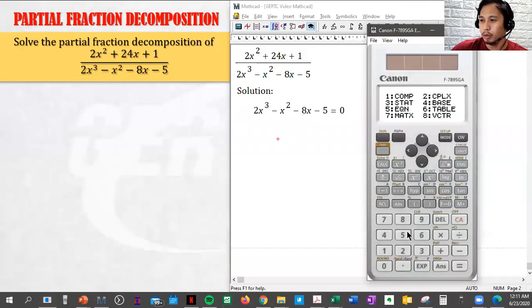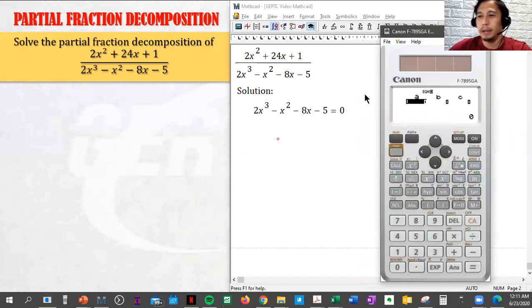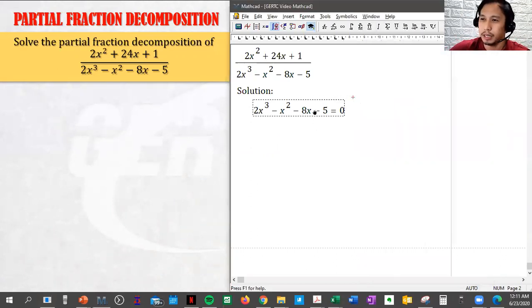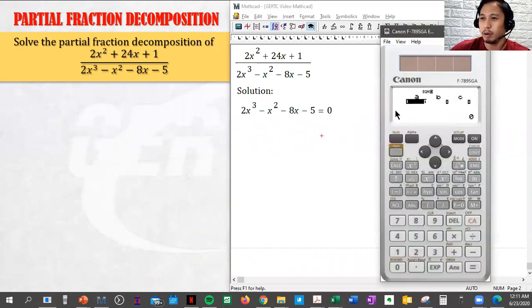Okay, so mode 5, then down, cubic. Mode 5.3 ito sa 570 ES plus or 991 ES plus. So, input natin yung mga coefficients. A is equal to 2, B is equal to -1, C is equal to -8, and D is equal to -5.